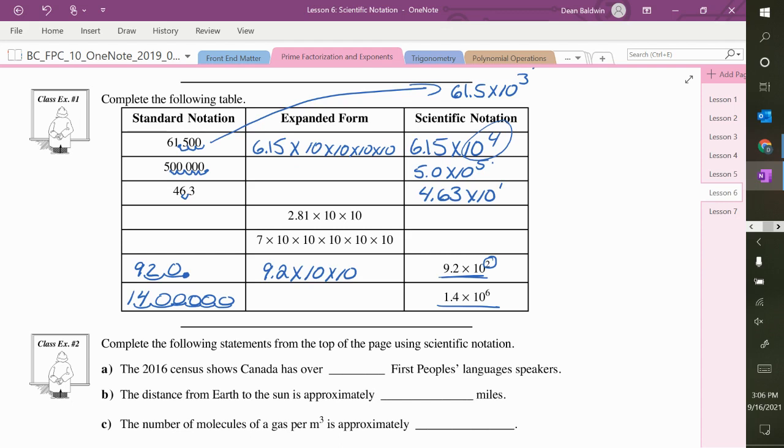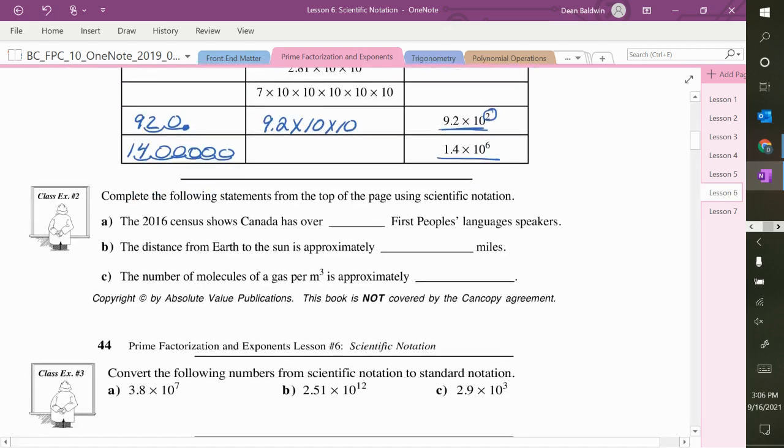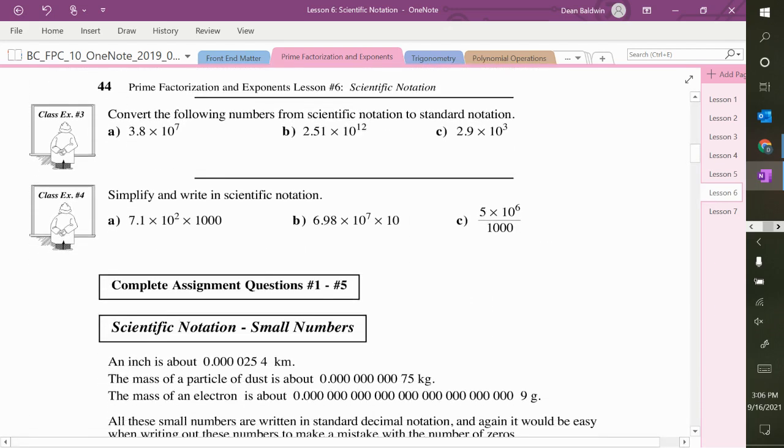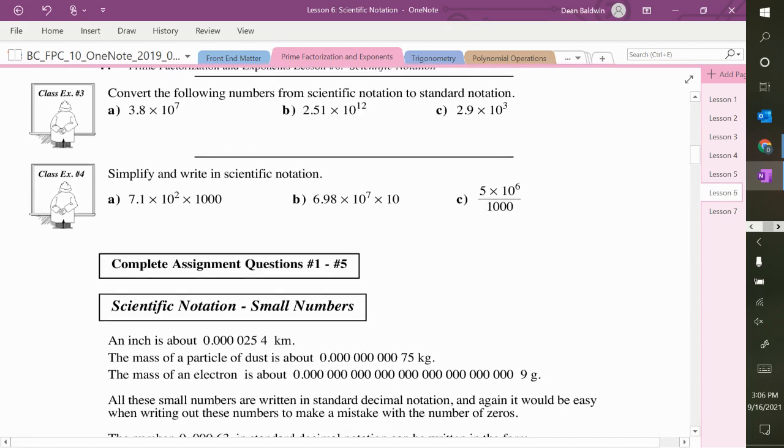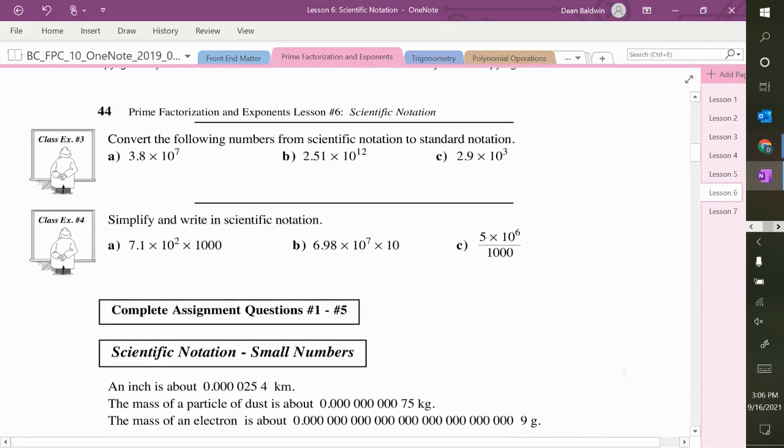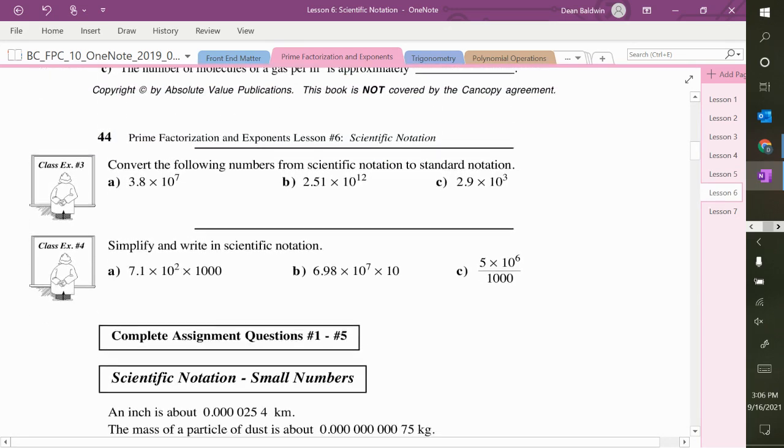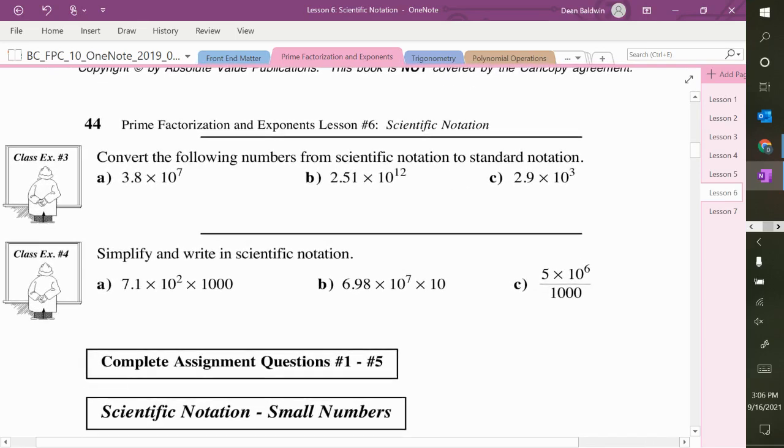Okay. Flip the page then, please. It's going to be a very short lesson. Actually, we'll do one of these. So top of the page, 44. Let's write 3.8 times 10 to the 7 in standard notation, like a regular number.